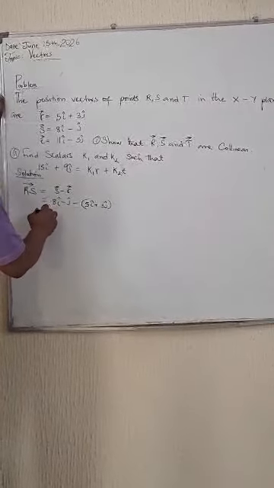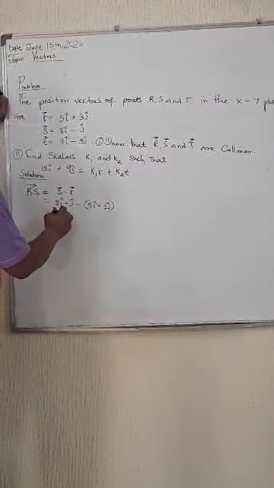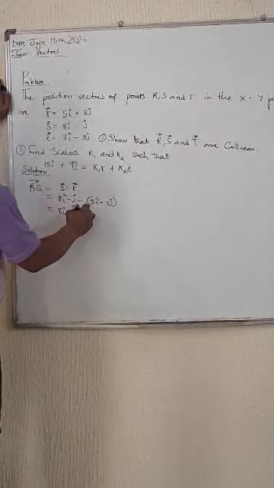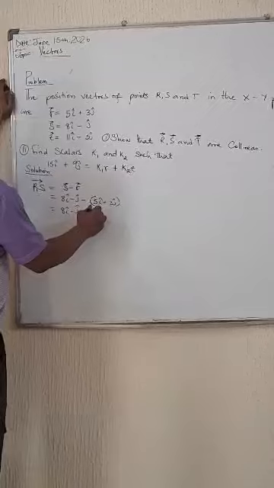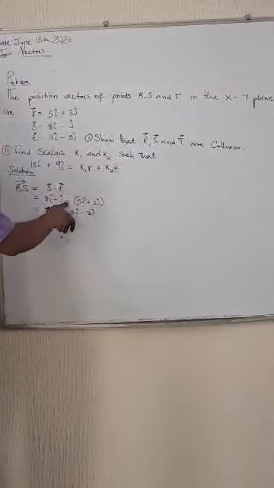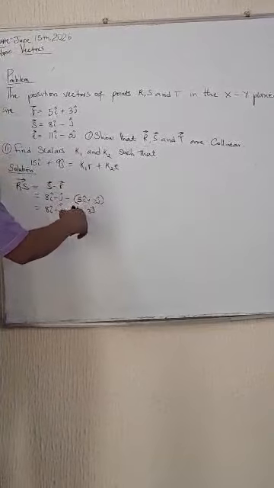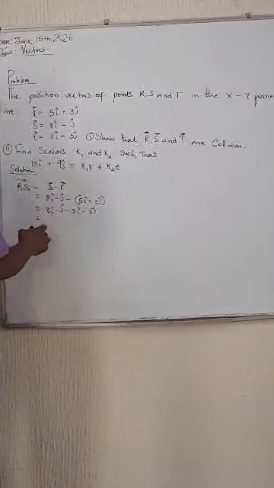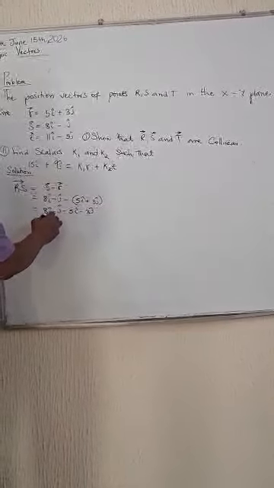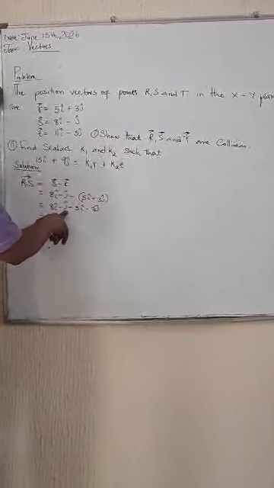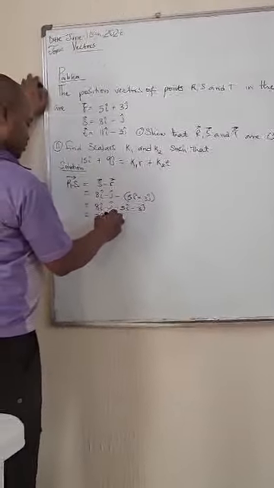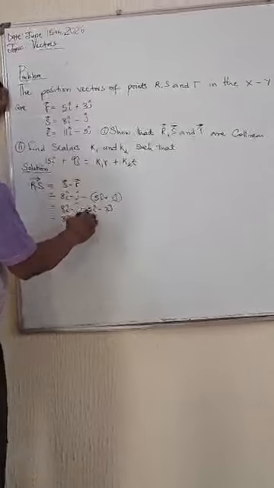So if we open this bracket, we are going to have 8 i hat minus j hat minus 5 i hat minus 3 j hat, because minus times plus will be minus. So 8 i hat minus 5 i hat will give us 3 i hat. Then minus j hat minus 3 j hat will give us minus 4 j hat.